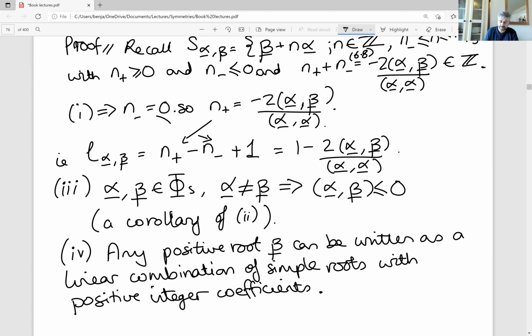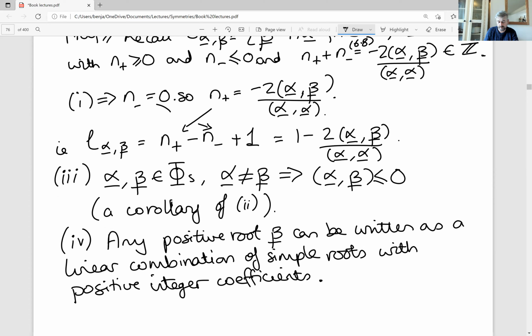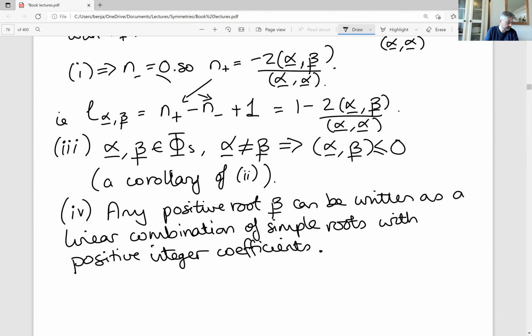Okay, so let's consider what this positive root could be. Well, it might be a simple root or it might not. So let's take the simple root case first. If beta is a simple root, well, then it is a linear combination. It's just we have 0 for all the other integer coefficients and +1 for the beta. So it's got a positive integer coefficient. So we're done.